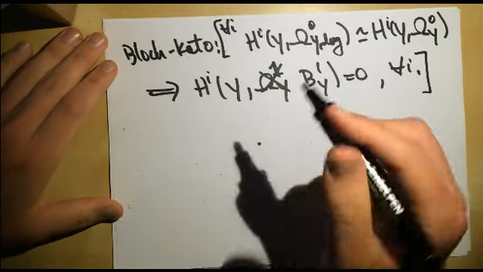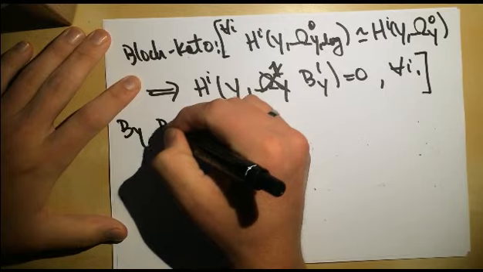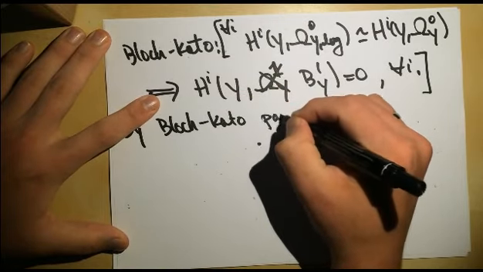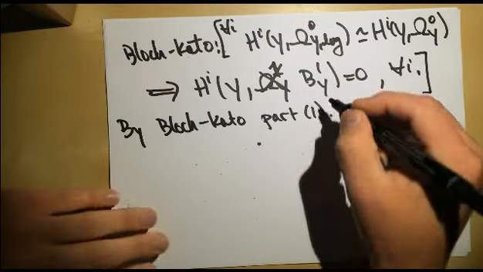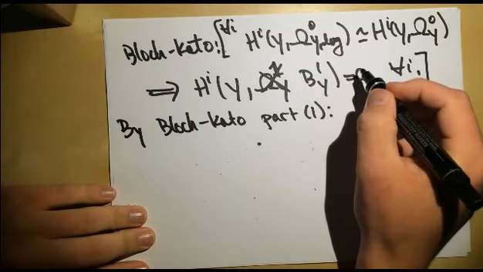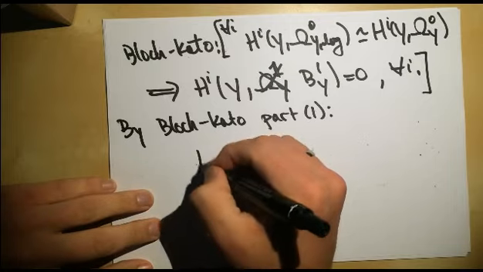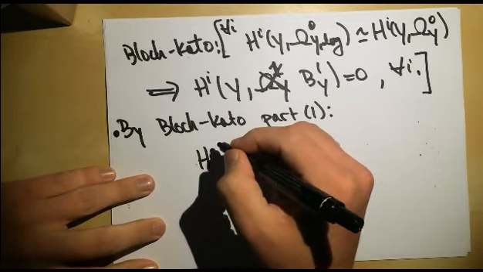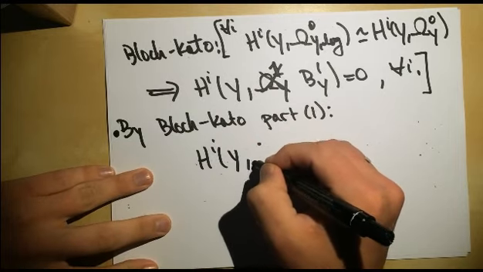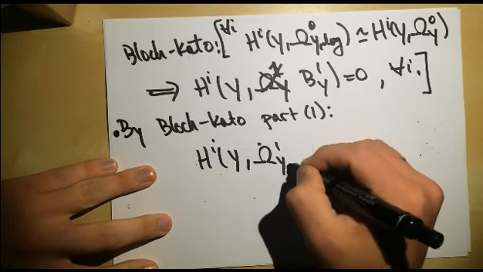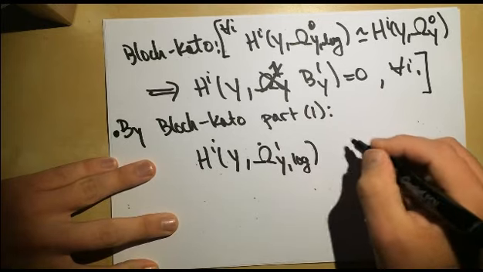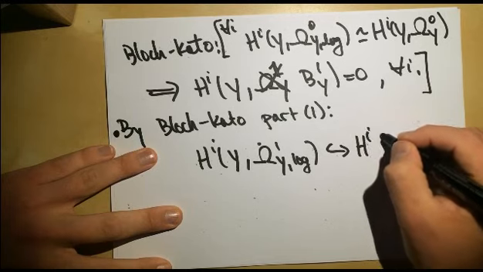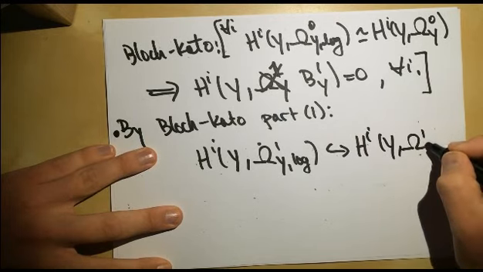Okay, so now by Bloch-Kato part 1, this vanishing here tells us that this map here, Ω^1, is into I, Y here.